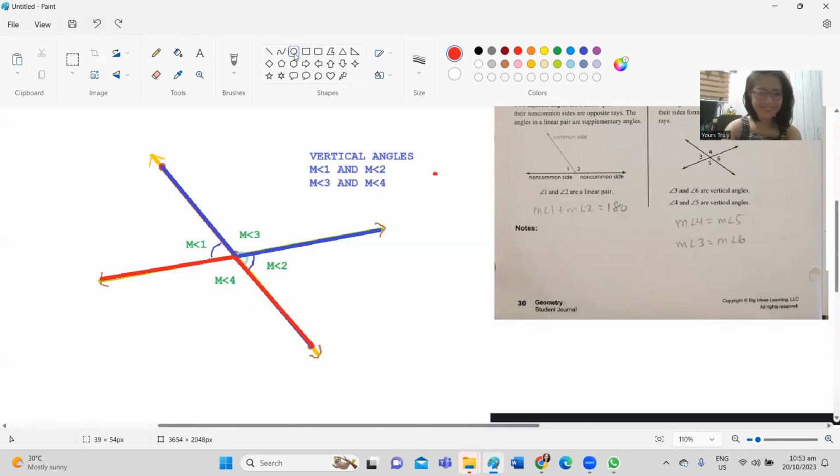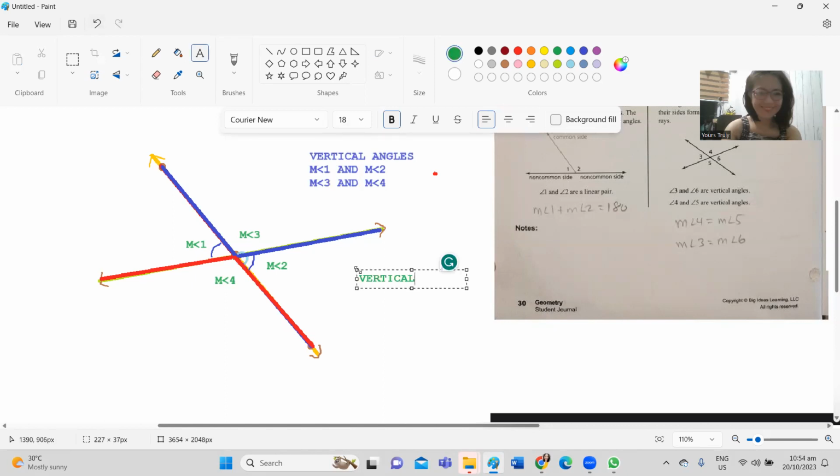Remember? Let me write here. Vertical angles share a common vertex or point. But they don't share sides.